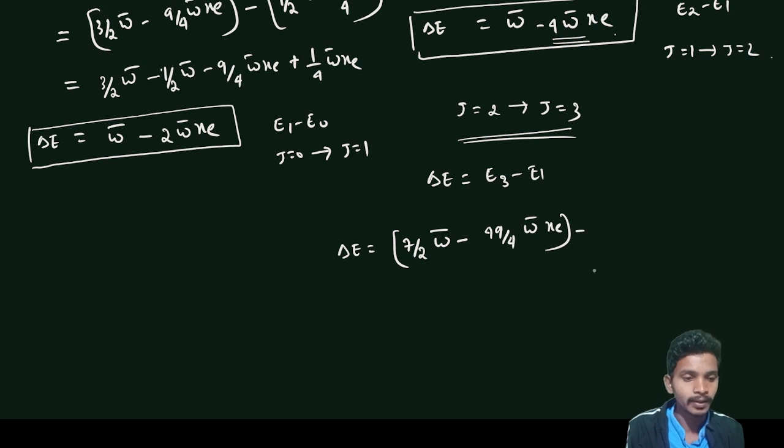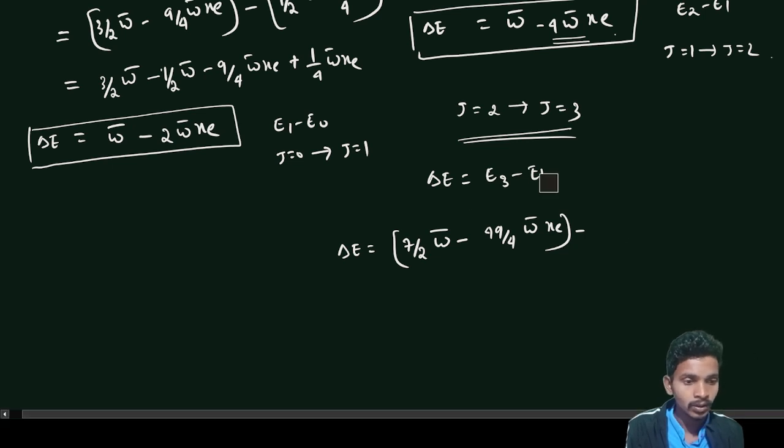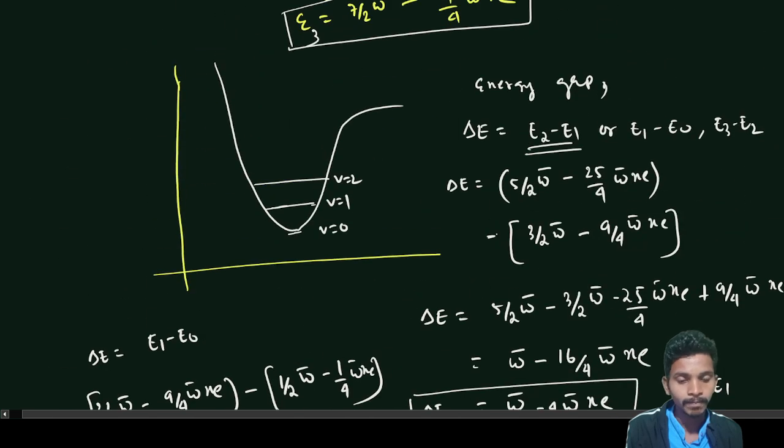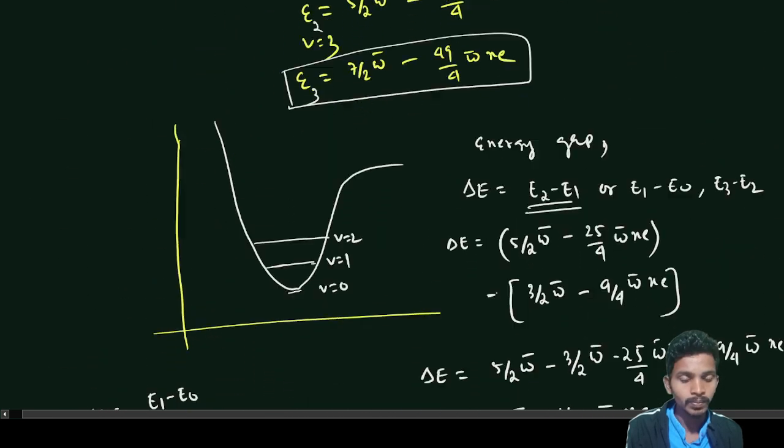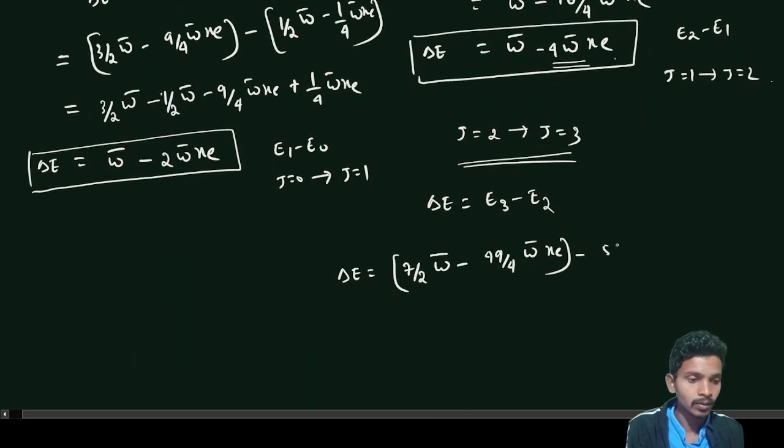Minus another, I'm doing 3 to 2, then what value am I getting? For 2, that is 5 by 2 omega minus 25 by 4 omega xe.